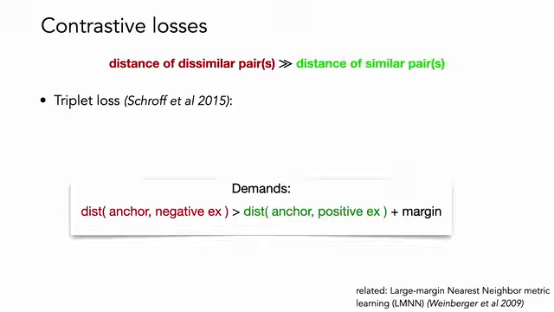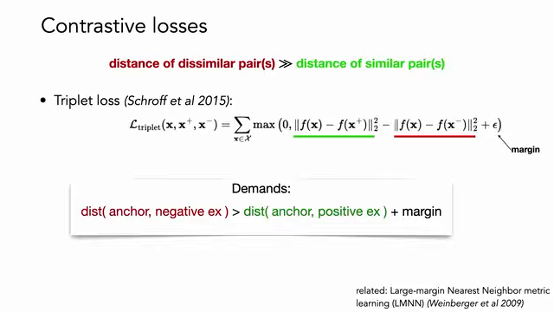Now, you enforce that the distance between the anchor and the negative example has to be bigger than the distance between the anchor and the positive example plus some margin. Again, this enforced margin. And so what this looks like in practice is you're explicitly enforcing that you want to have some loss that penalizes you if that condition is not met.